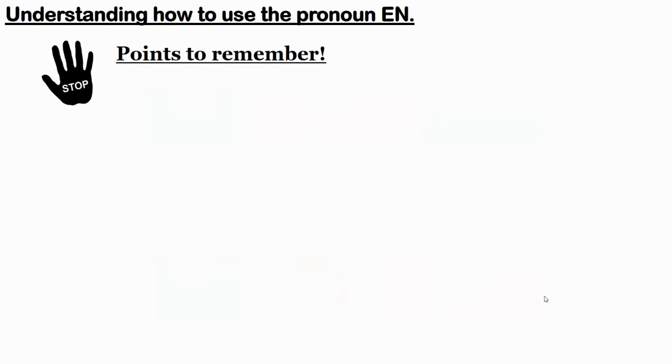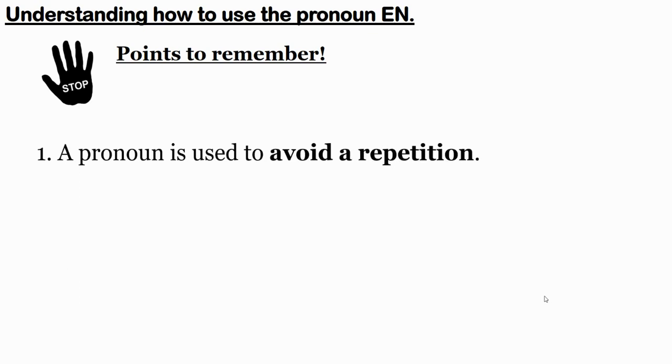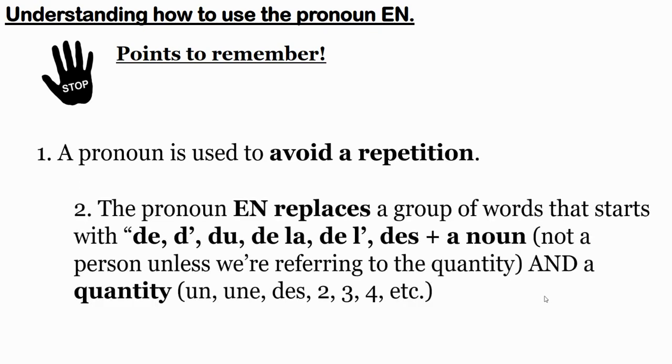So, things you need to remember. A pronoun is used to avoid a repetition. En replaces a group of words that starts with de, d', du, de la, de l', des, followed by a noun, not a person, unless we are referring to the quantity.